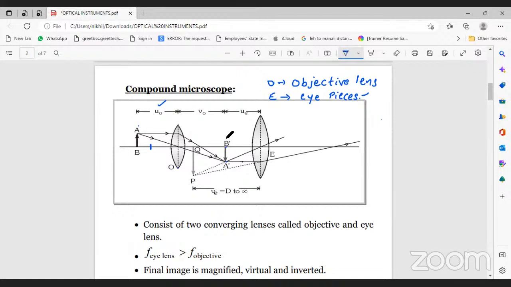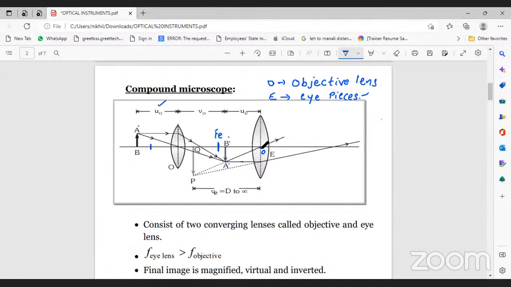That means A dash B dash is placed between the principal focus of the eyepiece and the optic center. Whatever image is formed by the objective lens, A dash B dash, is now the object for the eyepiece. But that object is placed between the principal focus of the eyepiece and the optic center.